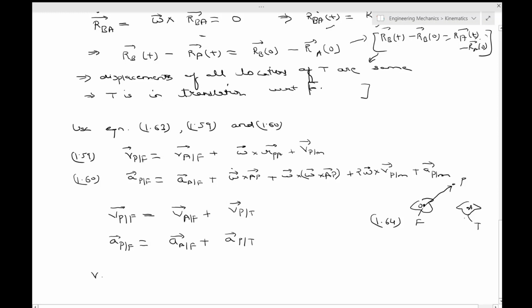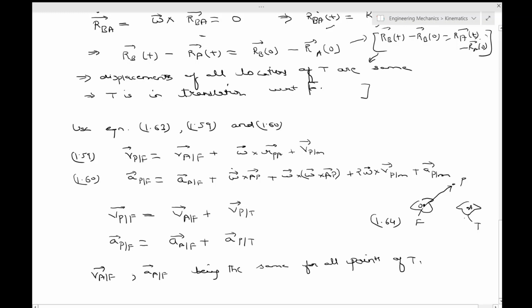So VA of F, AA of F being the same for all points, right? Because the displacements of all points of T are the same, hence the velocity and acceleration of all points will also be the same.